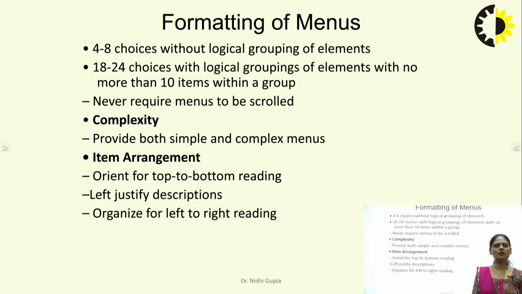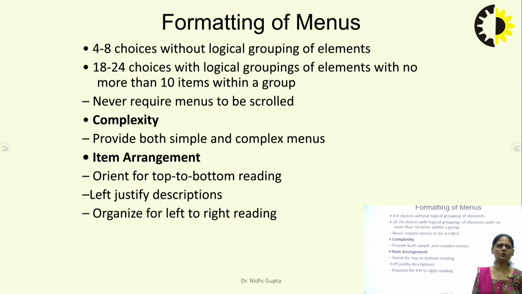So formatting of menus. 4 to 8 choices without logical grouping of elements should be there. So why do we group? Sometimes we are doing a work, and in that work we always require some set of instructions, some set of commands. So we can place those commands in a particular group. So we can form groups out of the given options.